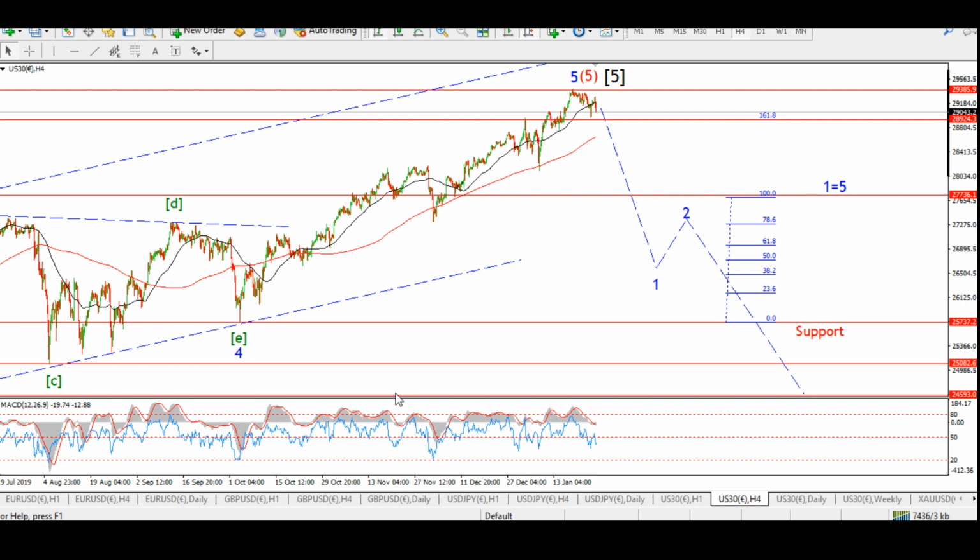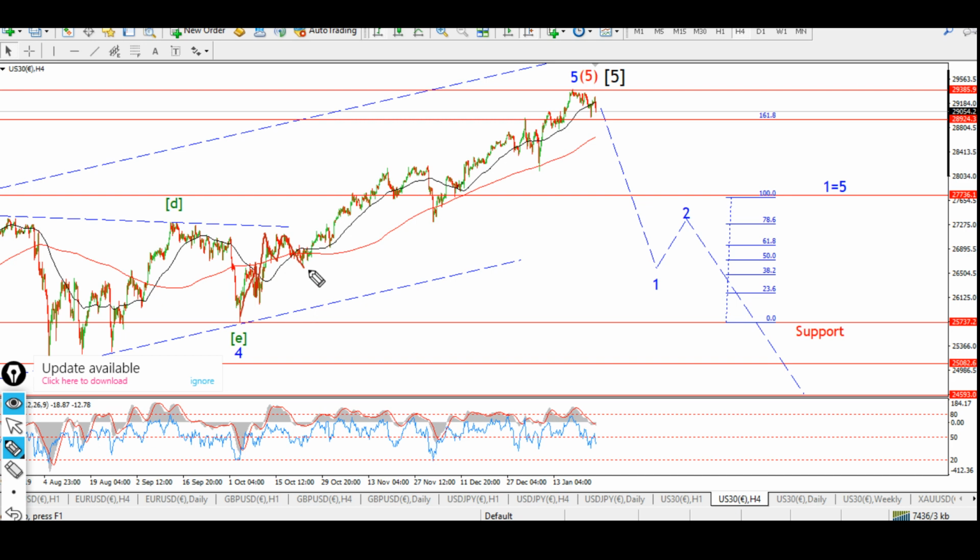All right. If I was to call this an ending diagonal, it would be 3 waves up in 1. Excuse me, 3 waves down in 2. 3 waves up in 3. 3 down in 4. 3 up in 5.